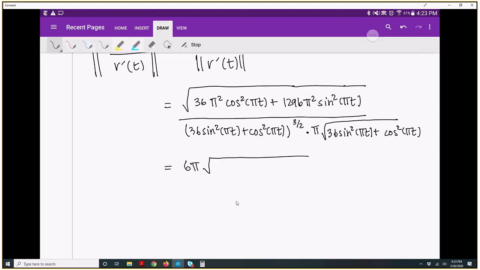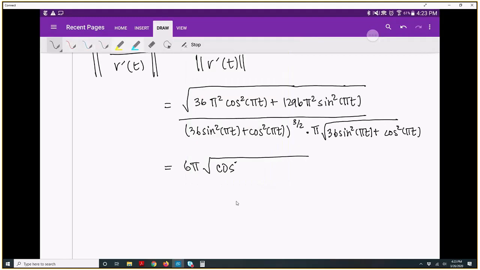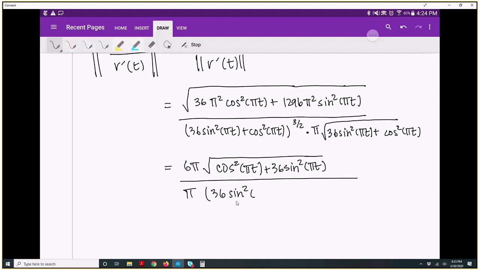And on top I have then cosine squared of pi t plus 36 sine squared of pi t, and on the bottom, combining like terms, 36 sine squared of pi t plus cosine squared of pi t, I have to the power 3 halves plus to the power 1 half, so that's to the power 2.